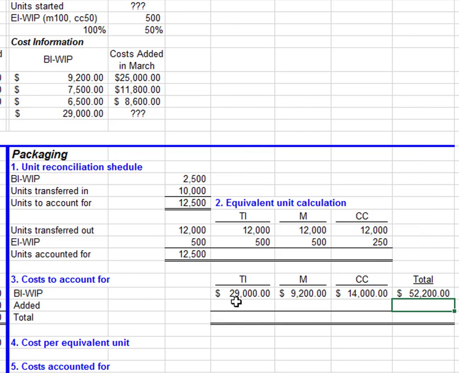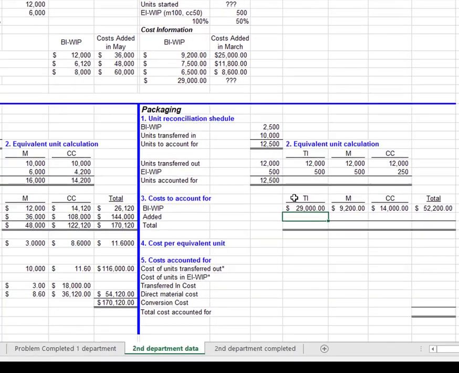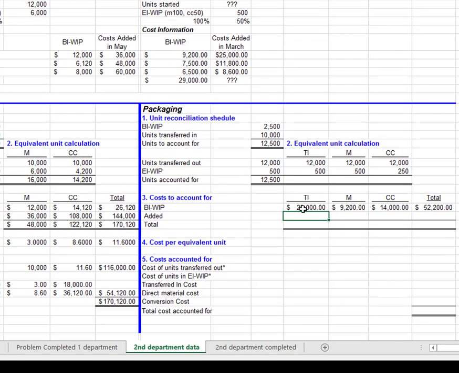And then the costs added. Okay. Well, what costs were transferred in? Well, just think, where are those costs coming from? They're coming from the previous department. So the cost transferred out of mixing is what's going to be transferred in to packaging. So there's my 116,000.